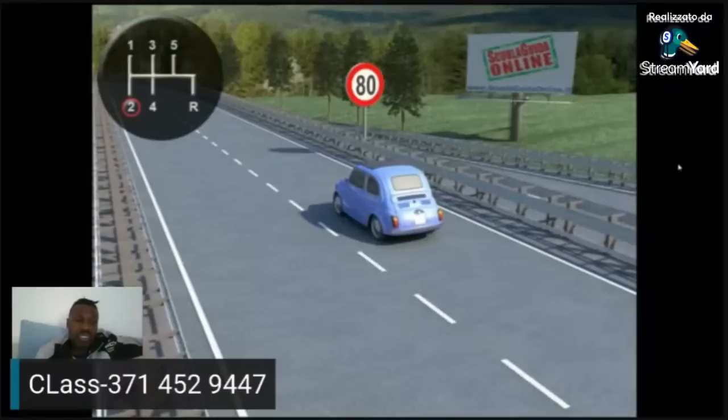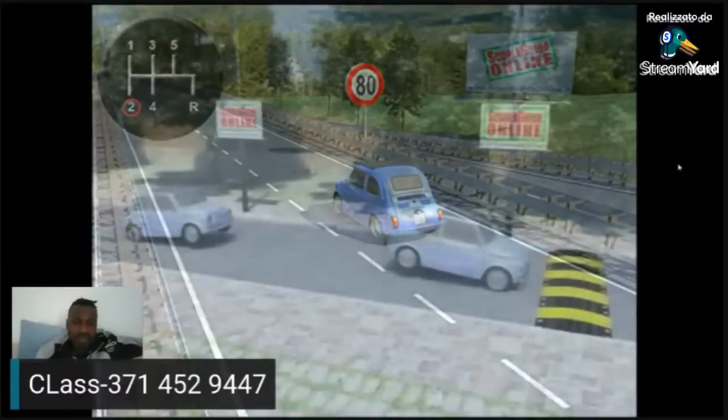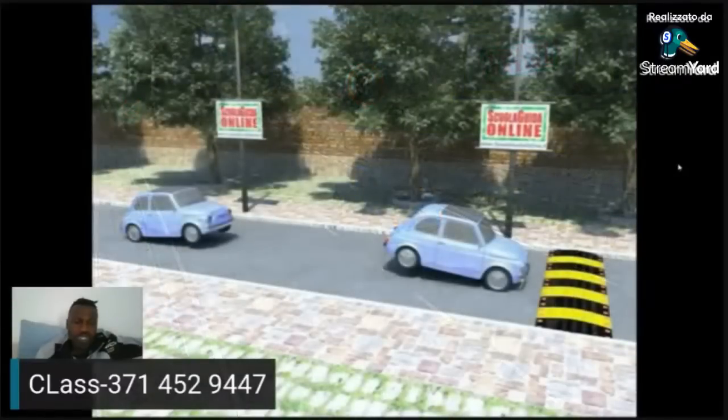You will be deteriorating or destroying the marmitta catalitica or spoiling even the engine itself. So you circulate with the right gear and the right speed. You reduce your speed at a bumping. So you start reducing your speed ahead before you get to the bumping.